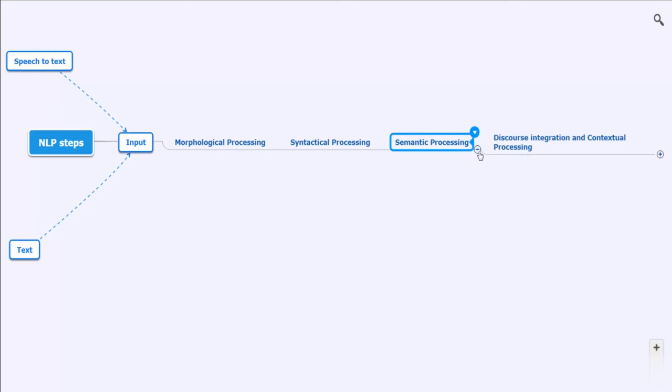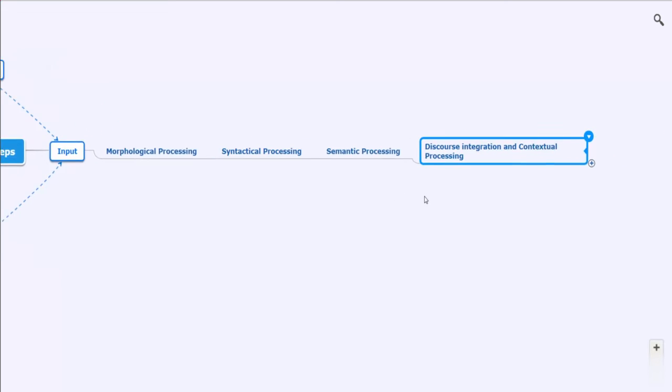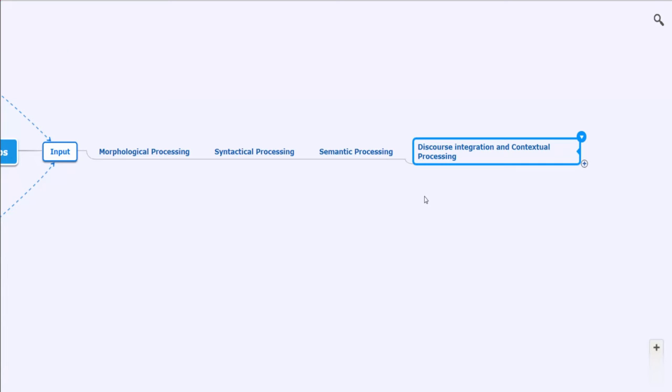So, therefore, the next stage is called the discourse integration and contextual processing, also known as pragmatic processing. Now, in this step, we try to bring in the context and get the true meaning of the sentence. For example, the sentence put the apple, which is currently in the basket on the shelf, has two different meanings, and the only way to find out is using the discourse and context.